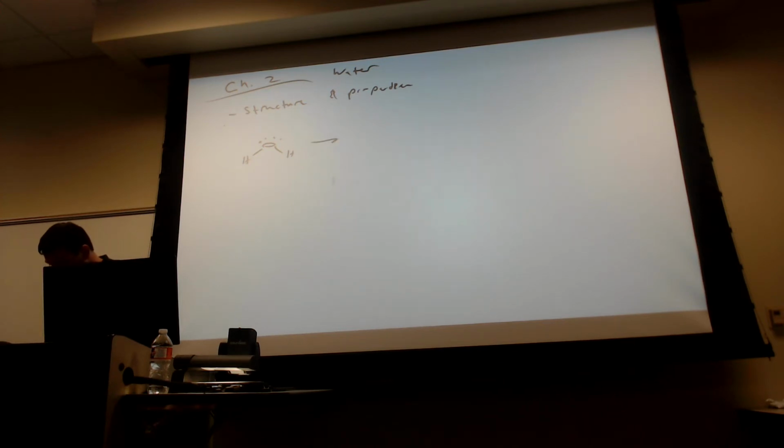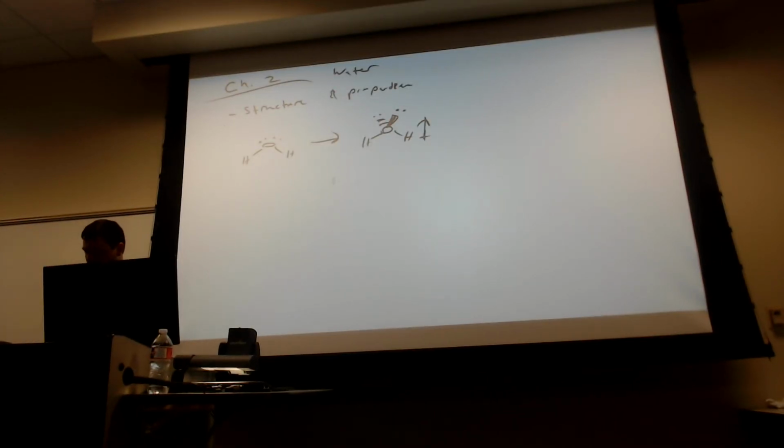If we want to look at it in 3D, we would put these here, and we might say, okay, on the wedge here coming out, we have a lone pair. And then overall, we have an electronegativity difference in the molecule.